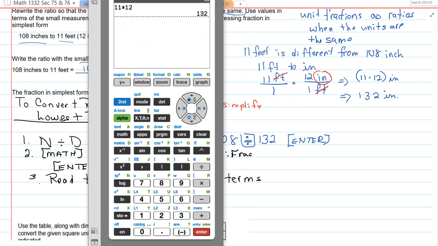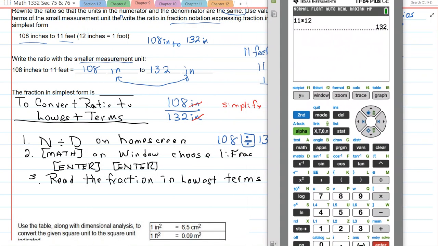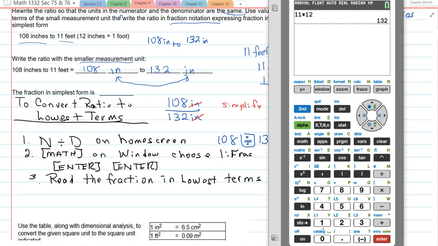I'm going to get my calculator, move it over here, and we can see what we did. Let me push it up just a little bit. 108 divided by 132, enter. I get that ugly thing. Then I'm going to hit the math key, which is the third row, first key. There's the frac, enter. So it says answer converted to a fraction, and enter.